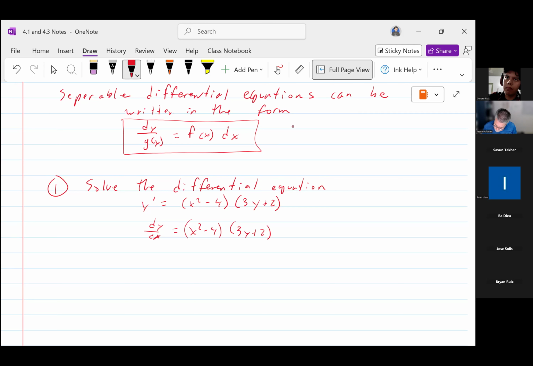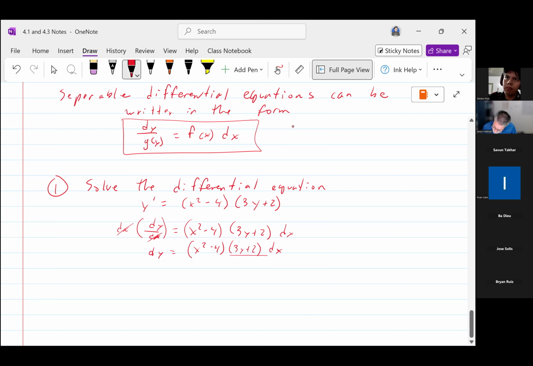Now I'm going to want to multiply both sides by dx and divide by 3y plus 2. So let's just multiply both sides by dx first. I don't want to skip too many steps at the very beginning of us working with these things. So this becomes dy equals x squared minus 4 times 3y plus 2 dx.